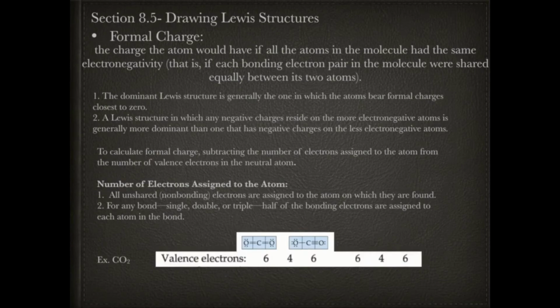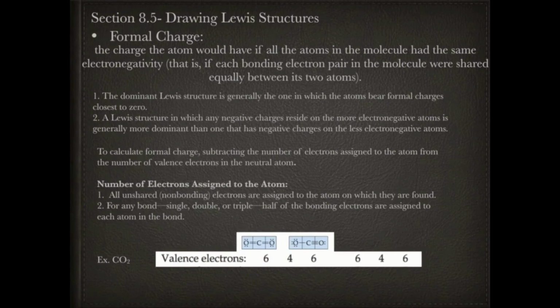There you go. Okay. The next thing that you need to do is determine the number of electrons that are assigned to the atom. So if you look at this first oxygen on the left-hand side, it's got 4 lone pairs of electrons, 4 electrons that are not shared, and then it has a double bond. Remember, each bond only represents 1 electron because we halved the 2 electrons that are being shared.